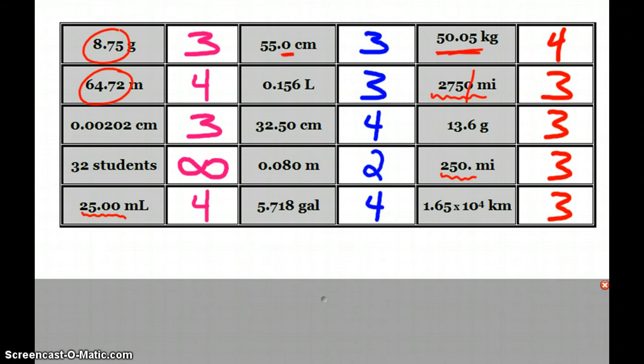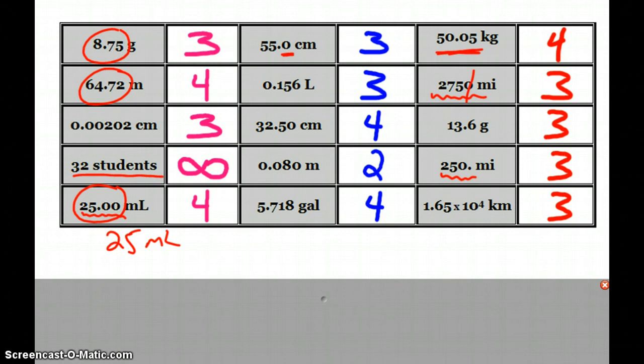If someone didn't take the time to measure to the hundredth, they would just say 25 milliliters. But when it's written down like that, that means it was measured and the error is there. 32 students, an infinite number, or you can put unlimited, but the sig figs don't really matter because that's something we can count, 32 students.